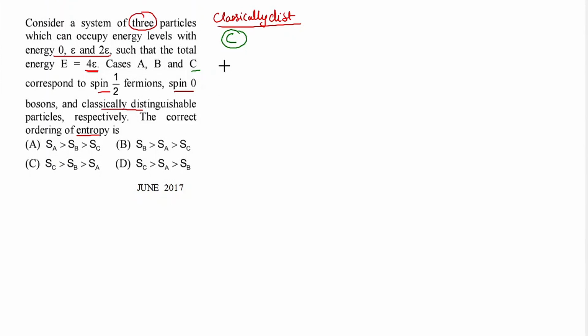Now for that we are given the energies 0, epsilon and 2 epsilon, and we have to distribute these 3 particles amongst these 3 energies such that the total energy is 4 epsilon.